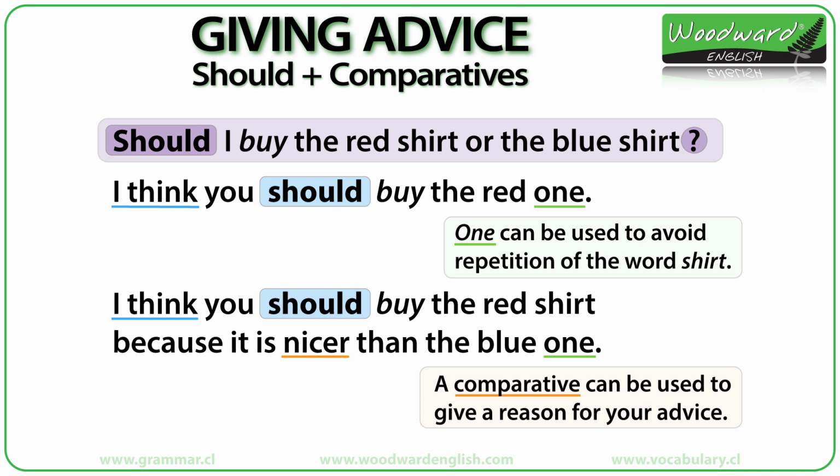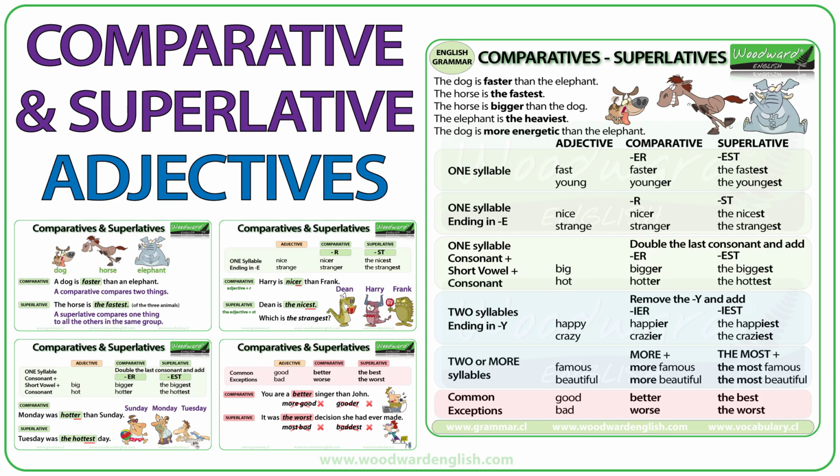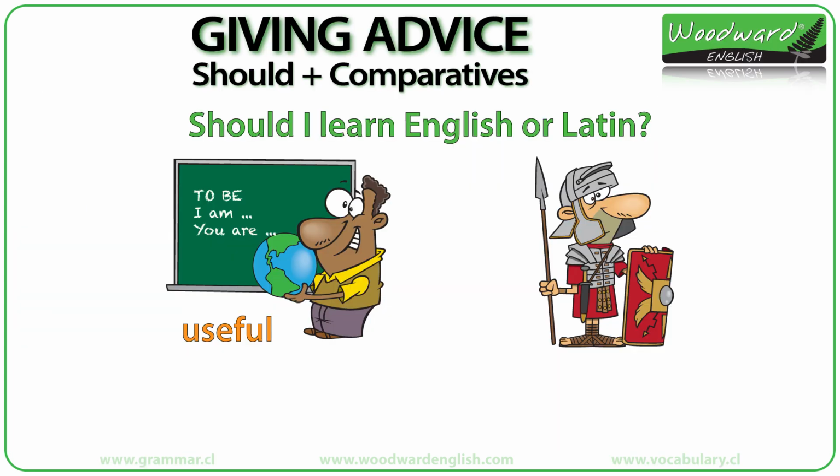We are comparing the red shirt and the blue shirt. When giving advice, a comparative can be used to give a reason for your advice. I recommend you watch our video about comparative and superlative adjectives if you haven't already.